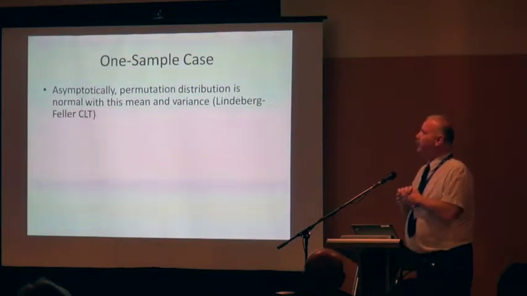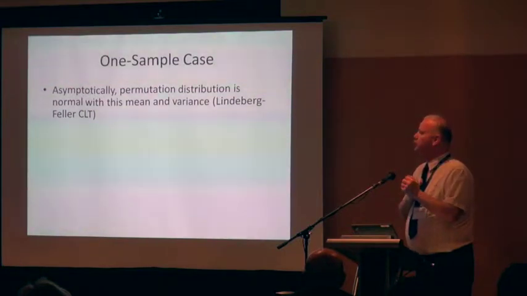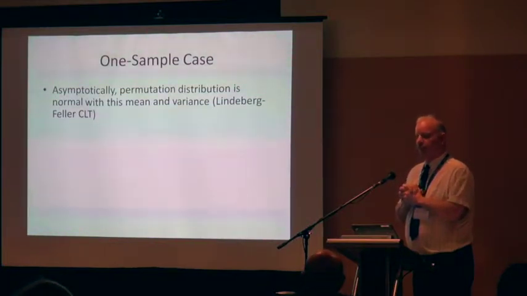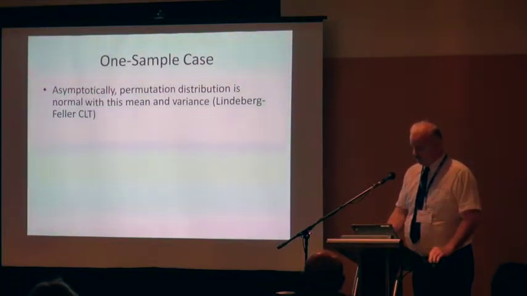And we know that the permutation distribution for large sample size is approximately normal with that mean and variance, and you can deduce that easily from the Lindeberg-Feller central limit theorem.